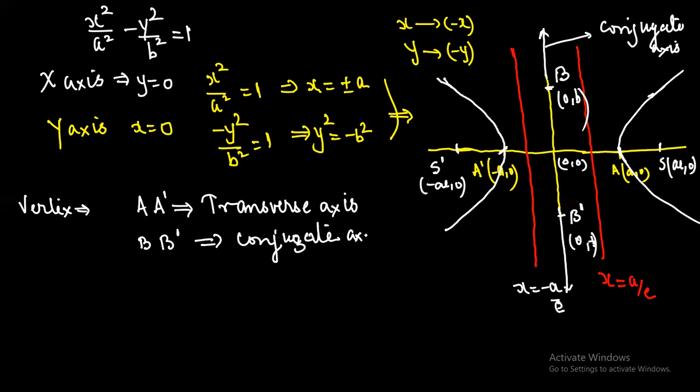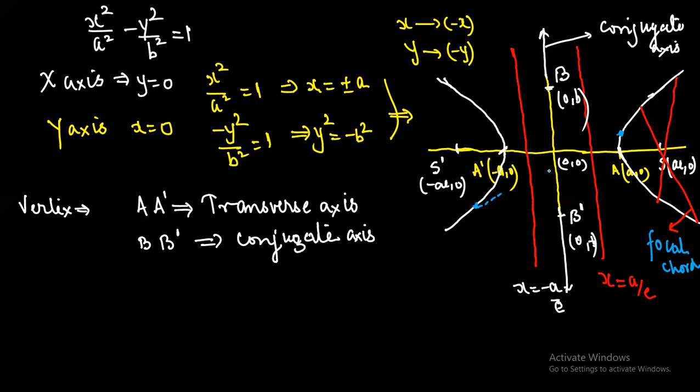What is a chord? A line joining any two points on the curve is called a chord. If this chord passes through the focus, it is called a focal chord. The chord can be like this also, with two points on the graph.